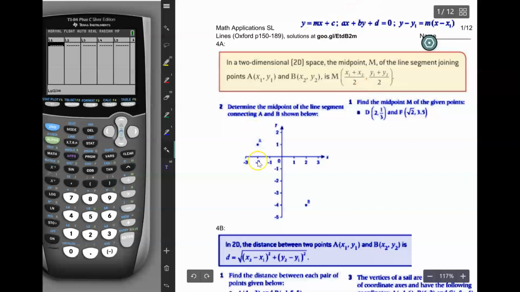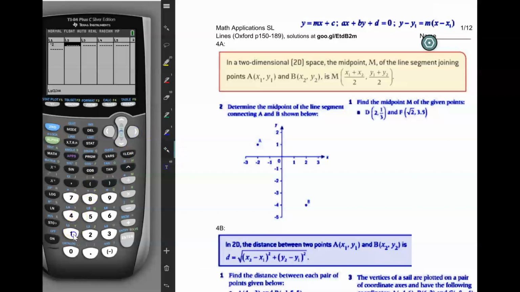Okay, so here we got point A, which is -2, 1, and we got point B, which is 2, -4. Remember, x comes first and y comes second. So let's put those in the calculator. -2, remember you have to use this bottom negative sign to put in -2. And then 1.